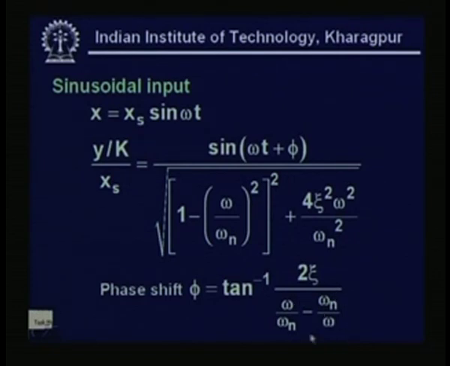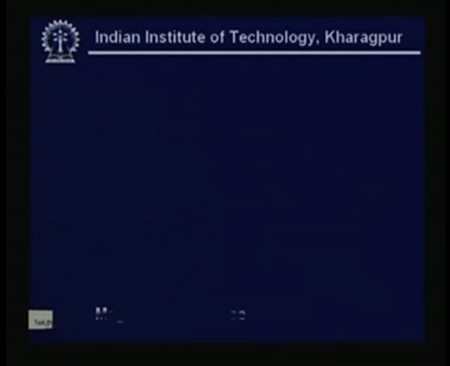You can see here that when omega equal to omega n, it is always minus 90 degree, that is, it does not depend on the value of xi. Mathematical fallacies will come, like what 0 by 0 will be, but I am not going into the details of that. Let us go back.